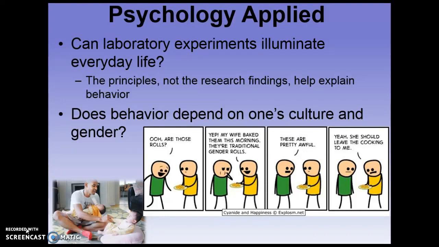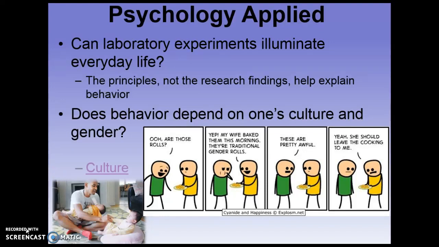Does behavior depend on one's culture and gender? Well, what can psychological studies done in one time and place tell you about people? Often with people from what researchers call WEIRD cultures.